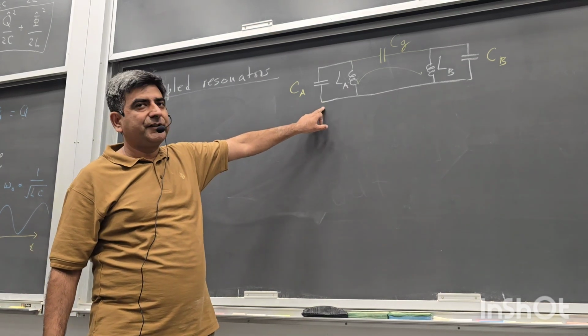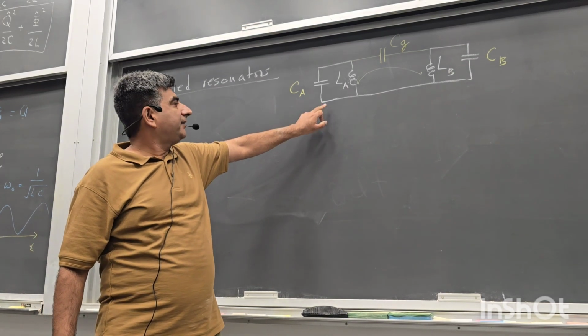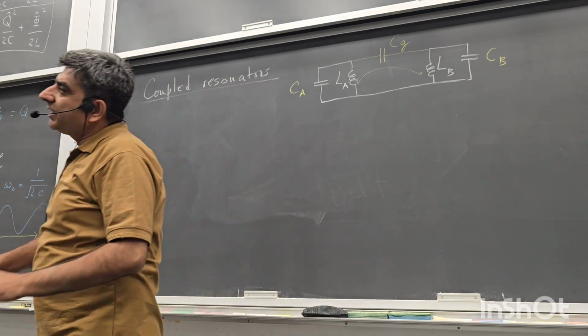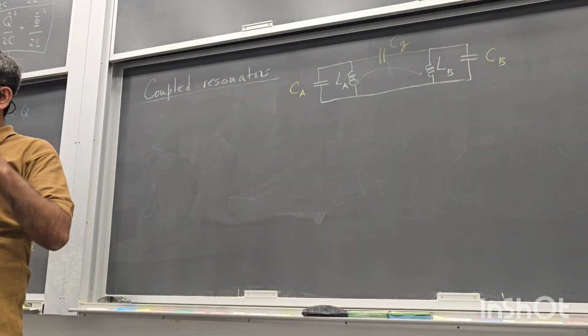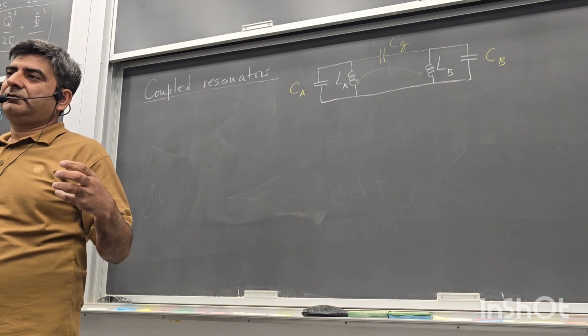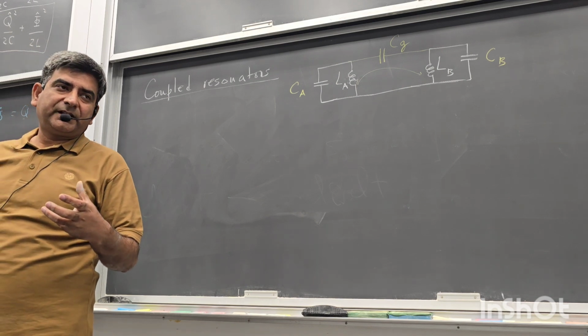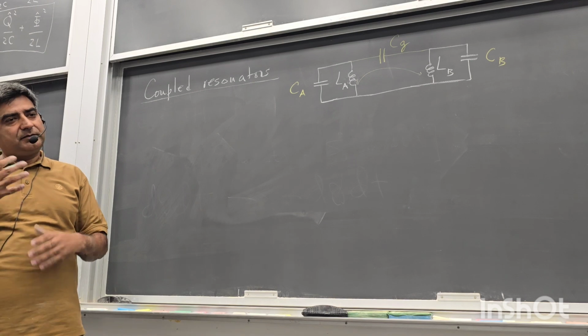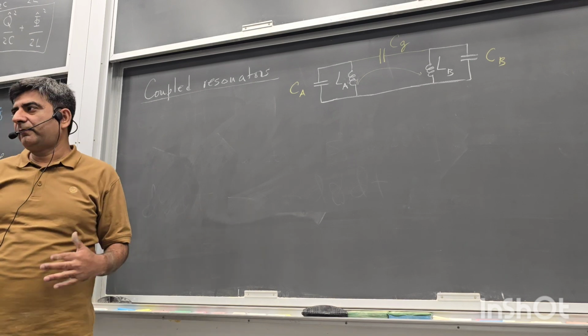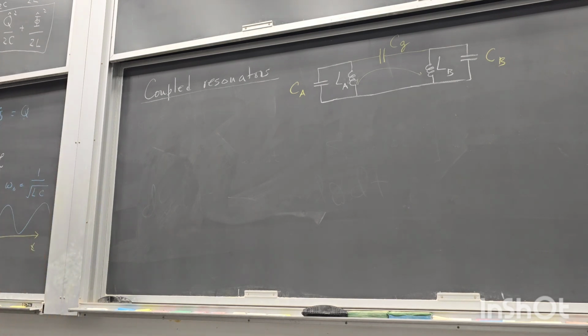So there would be a frequency associated with one over root LA CA, and another frequency associated with the other. But now, still the number of frequencies remains. So now you have two coupled harmonic oscillators. The number of natural frequencies remains the same, but the frequencies might change because of the coupling. Okay, we've all studied normal modes in classical mechanics.